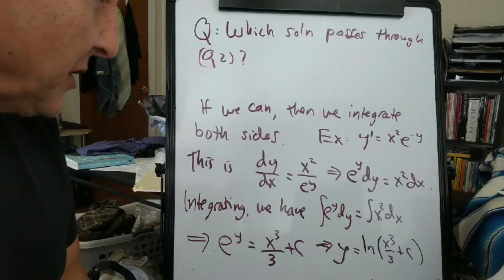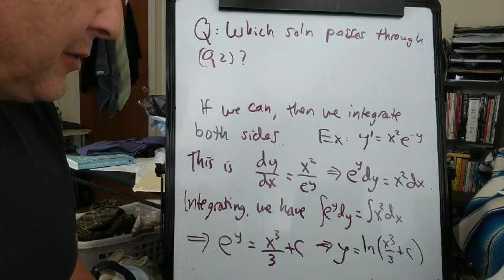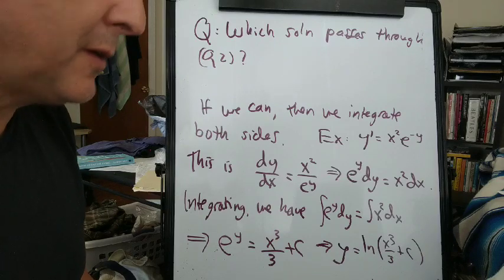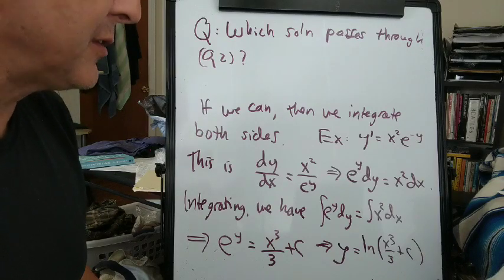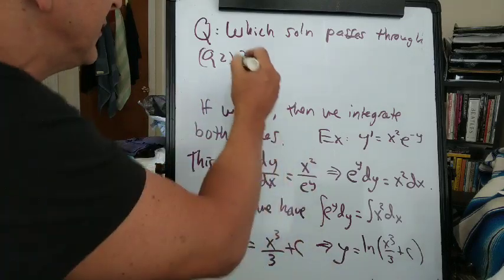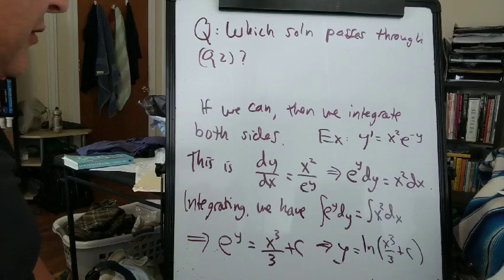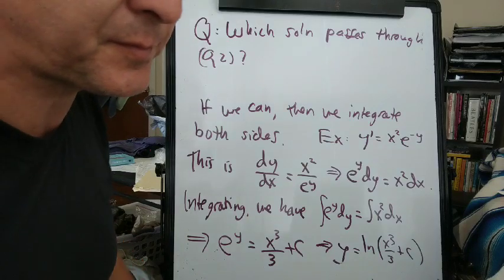Typically in a differential equations problem, part A of the problem is find all possible solutions. Part B of the problem is find the solution that has this particular property. So here we found all possible solutions. Now we're going to find which solution passes through 0, 2.